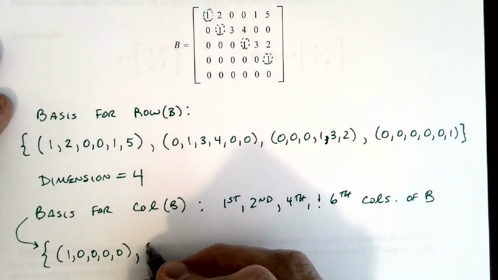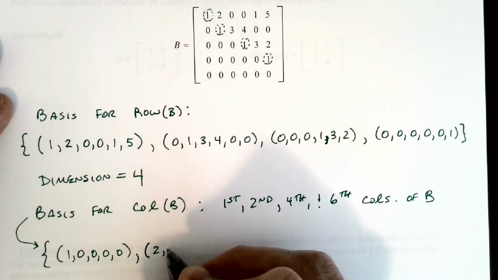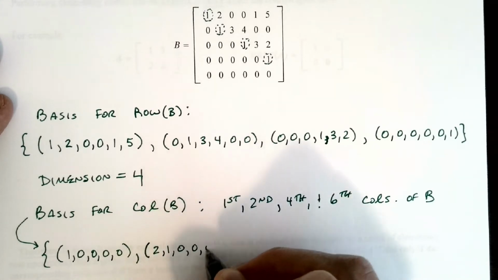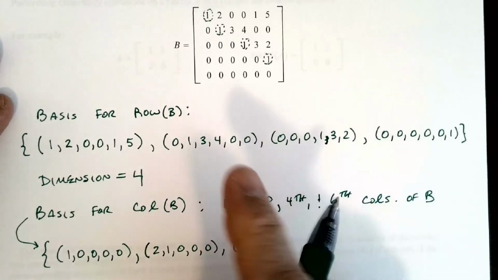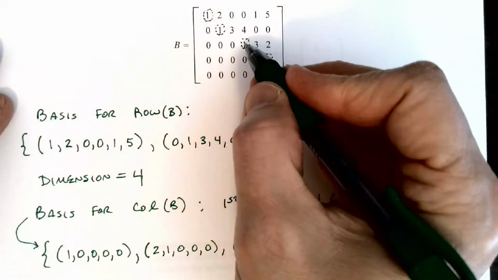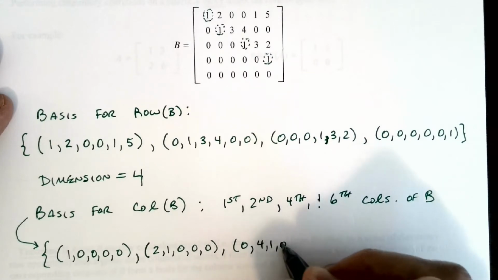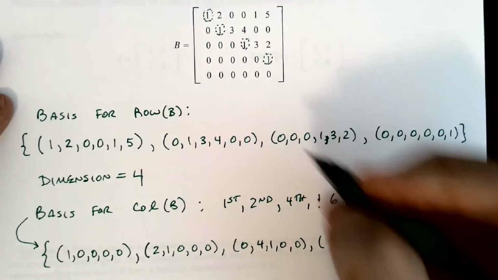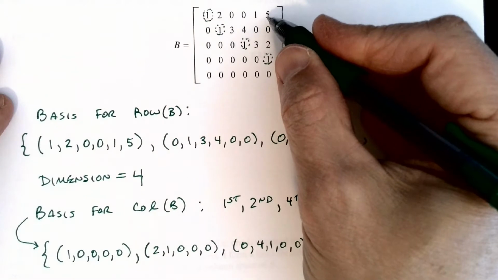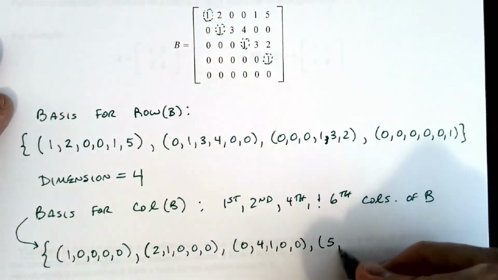So the first column was that. The second column in comma delimited form is this. The fourth column, which is 0, 4, 1, 0, 0. And the sixth column, 5, 0, 2, 1, 0.